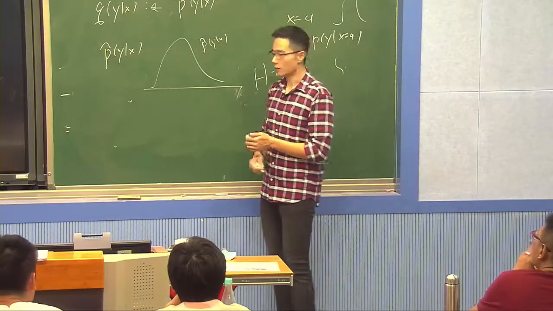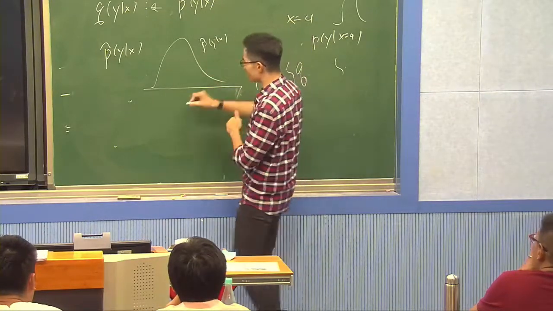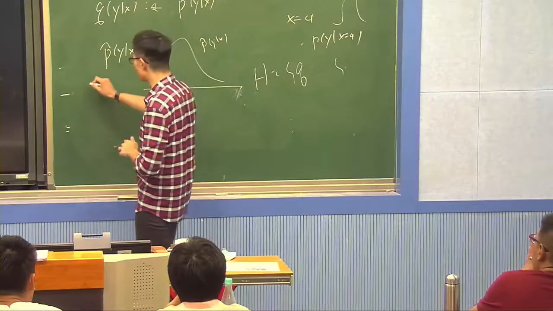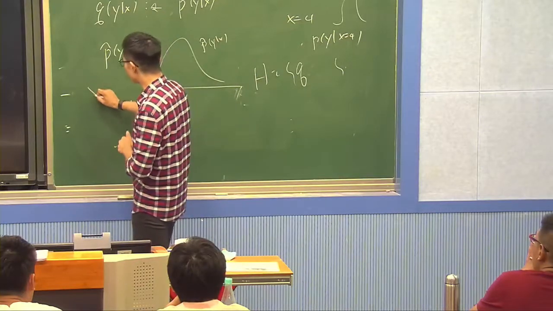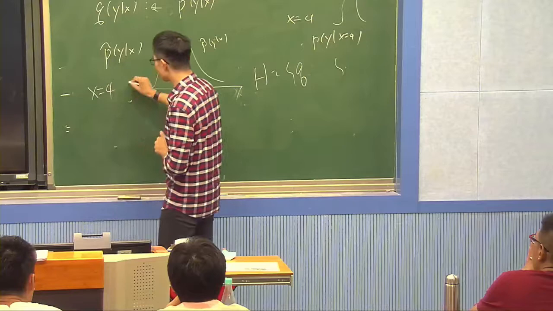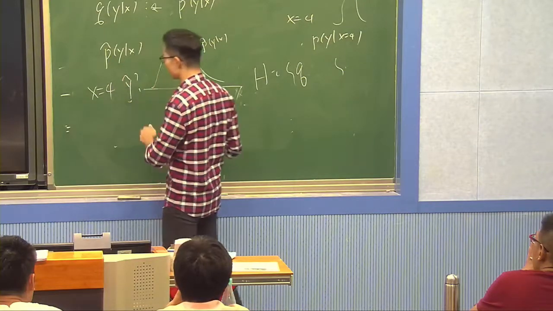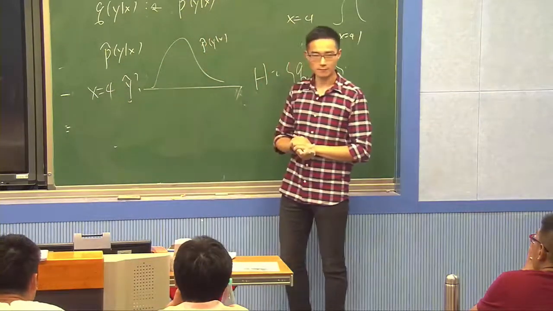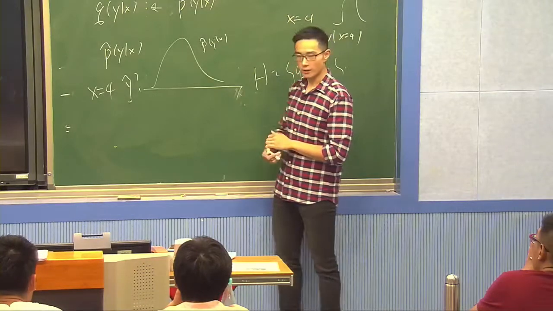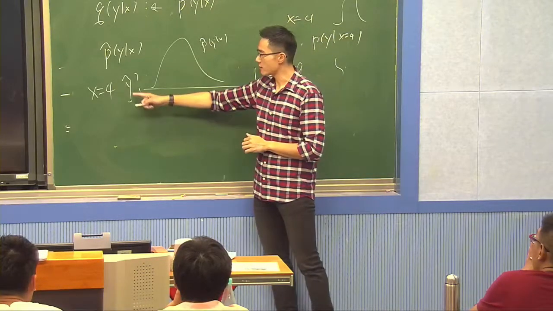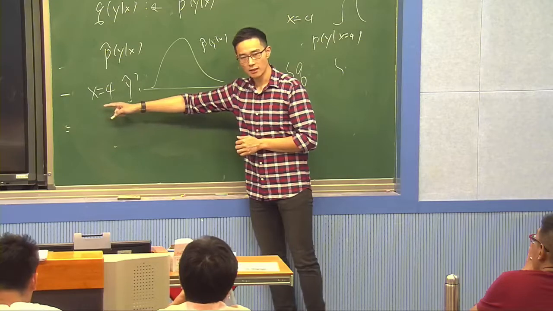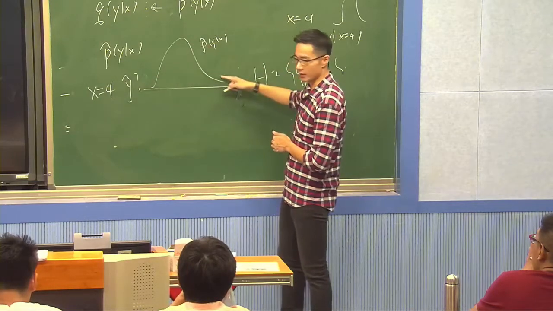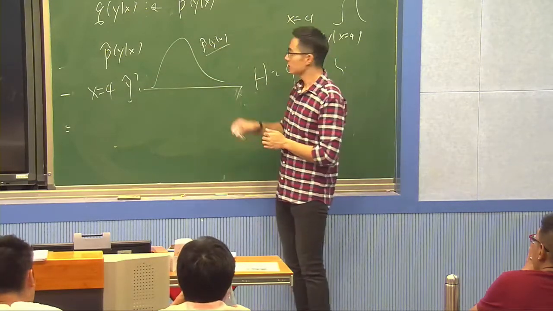Suppose I tell you, please help me predict the value of y if x is equal to 4. Can you give me a y hat? Well, because y is not completely determined by x, I first need to estimate p hat of y given x equal to 4.